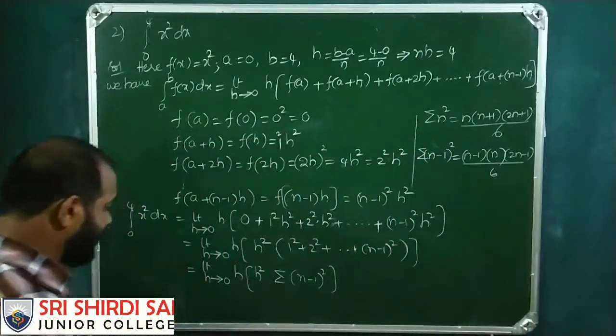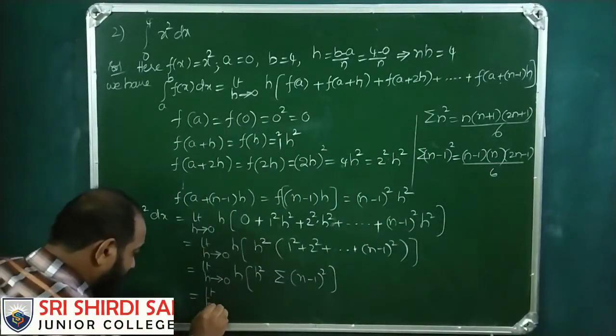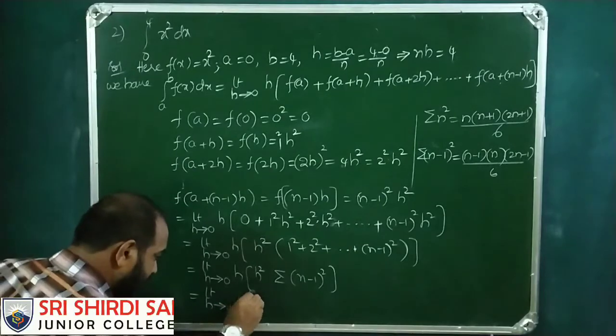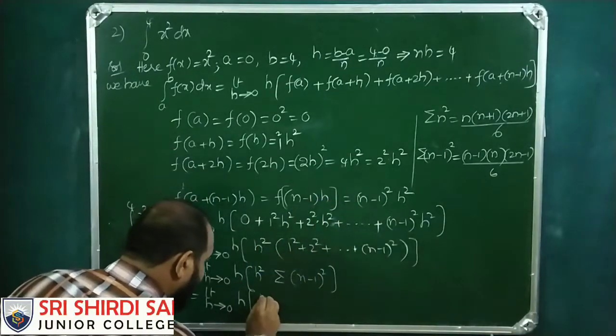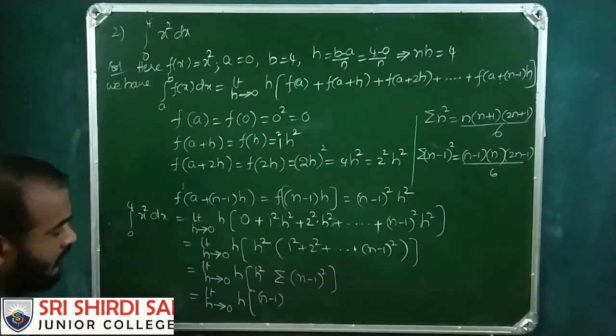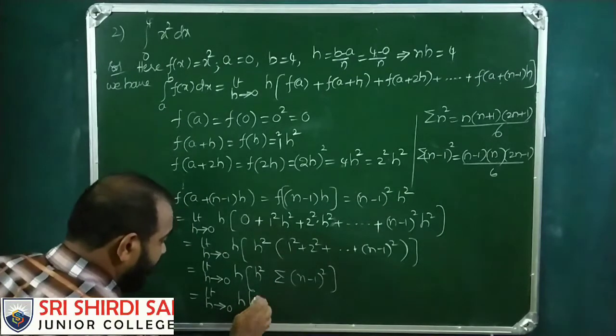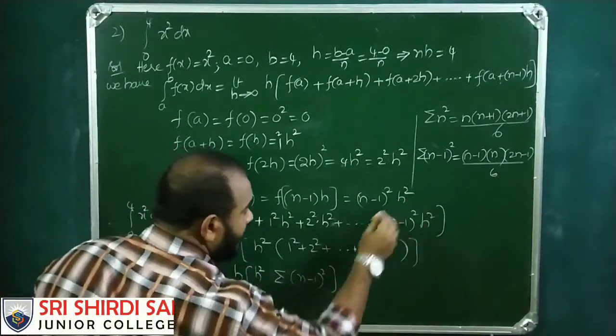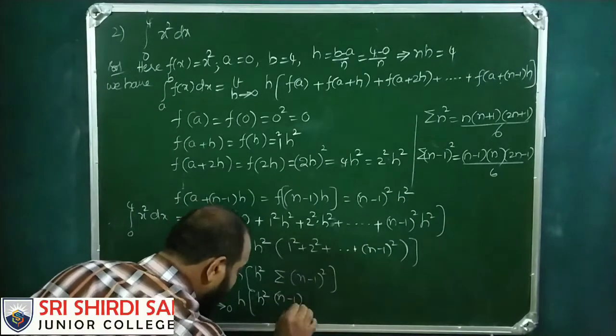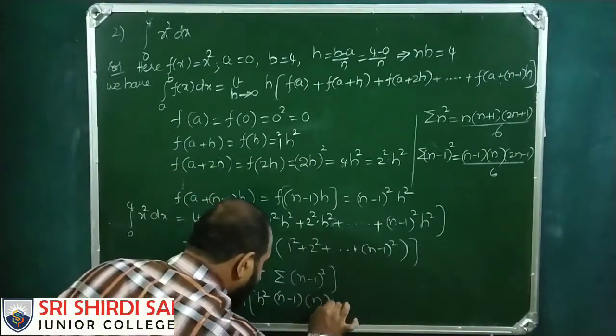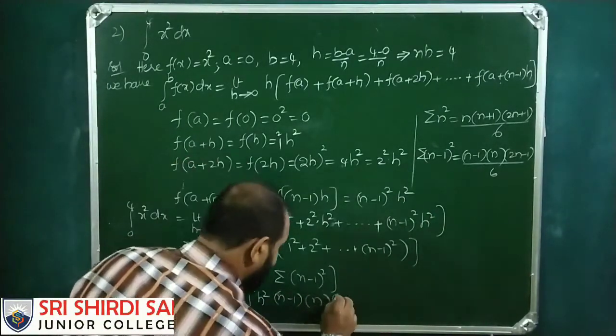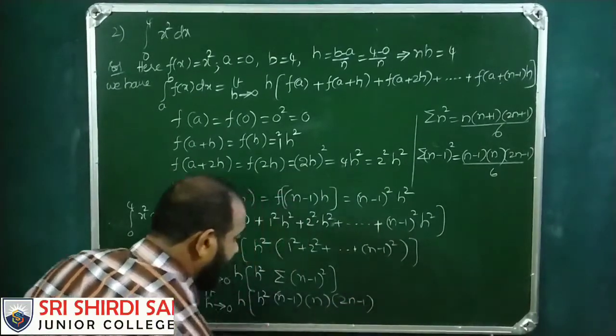Simply that value we will substitute here: the limit as h tends to 0 of h into h square into (n minus 1) into n into (2n minus 1) by 6.